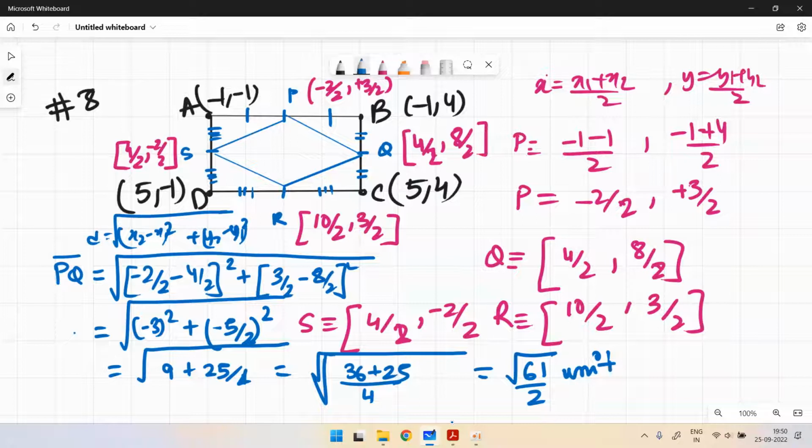Similarly, I need to calculate QR, RS, and PS.